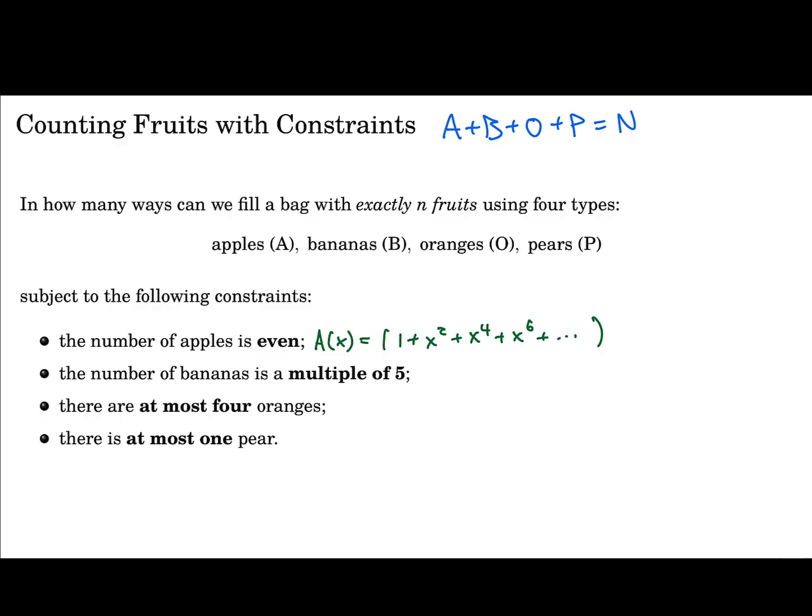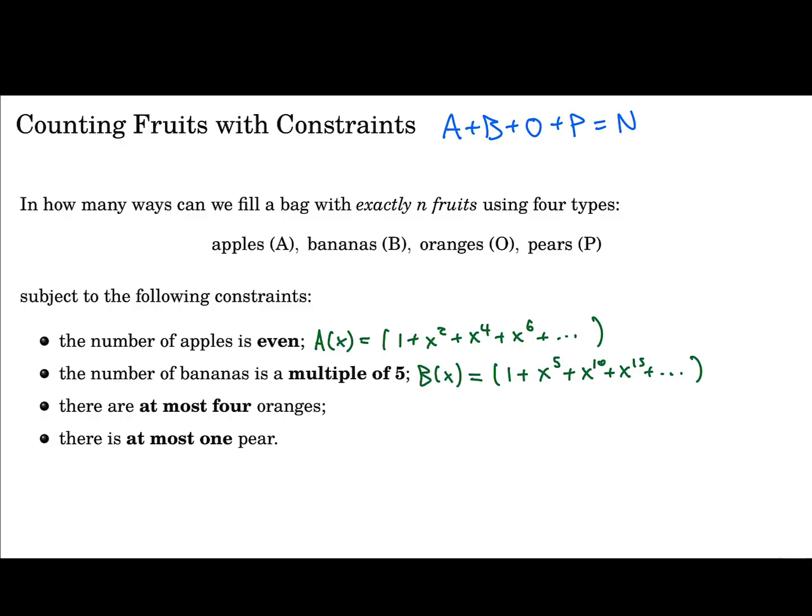If we want the number of bananas to be a multiple of 5, similarly we're going to have this term for that. So 1 plus x to the 5 plus x to the 10 plus x to the 15, and so on.